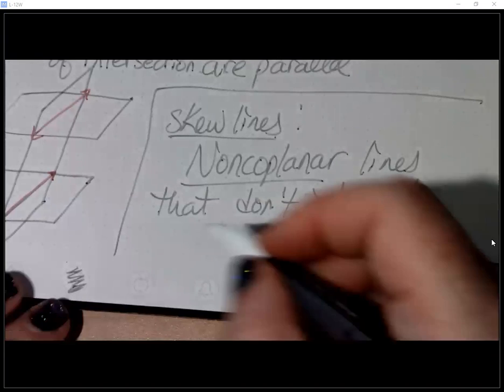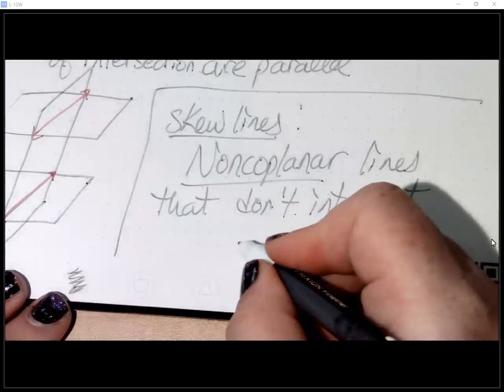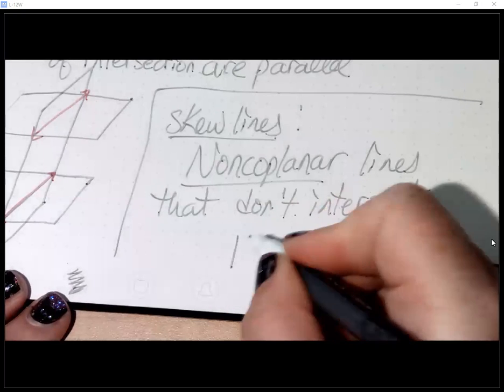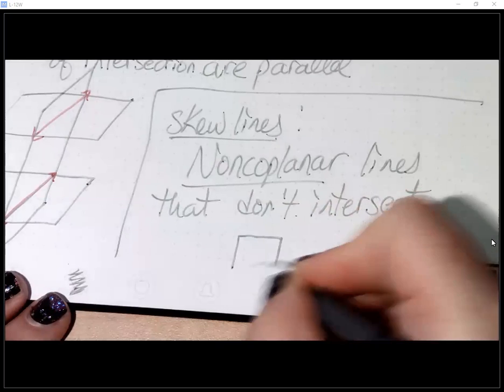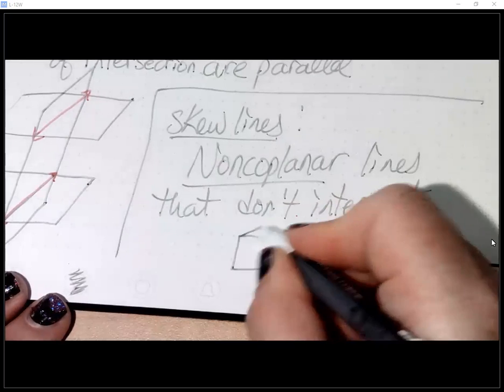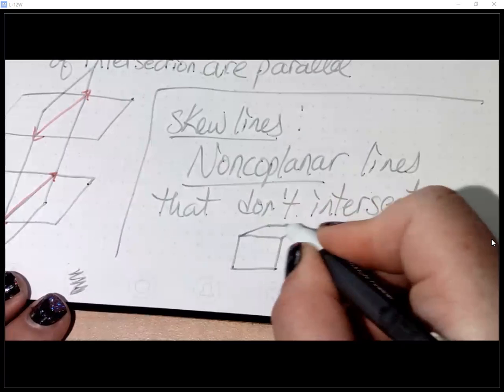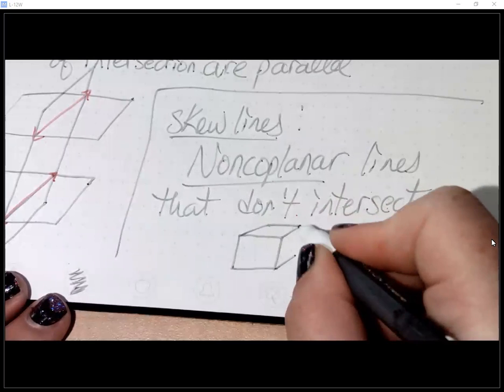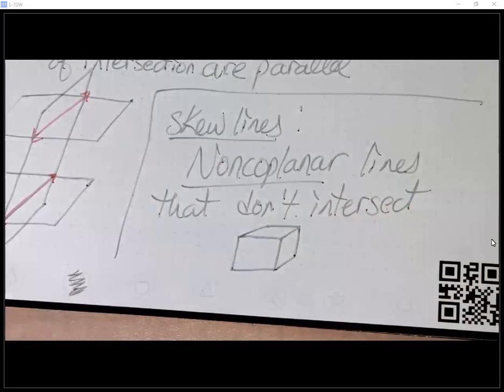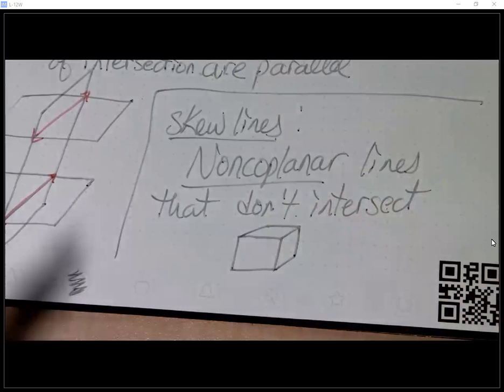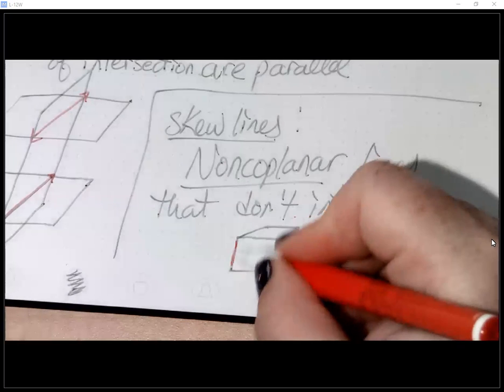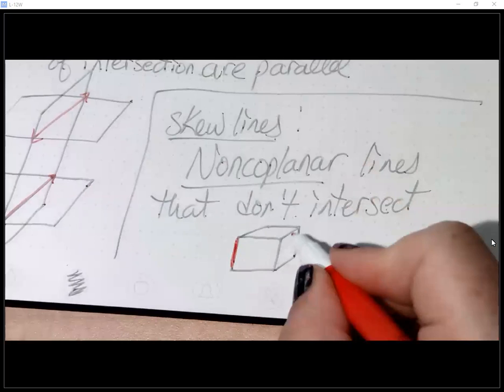And if you want to draw skew lines, the best way you can do it is to draw yourself a box and then just pick pieces in the box. So there's a box. And for example, a pair of skew lines might be this edge and this edge, right?